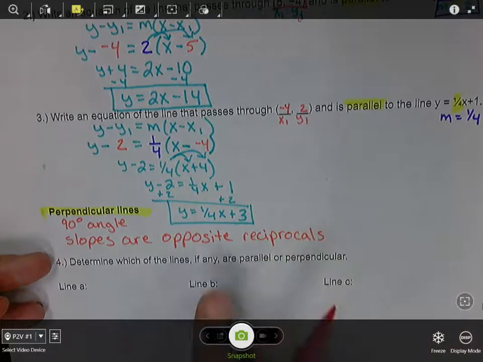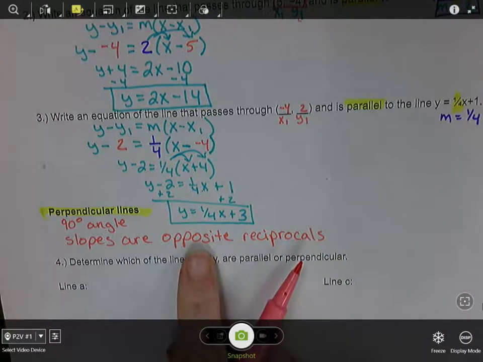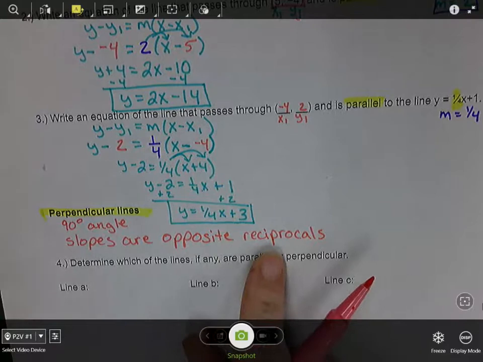Okay. Opposite means they have a different sign, means one's positive and one's negative, and reciprocal means that they're flipped. For instance, if one is 2/3, the other one's 3/2. If one of them is 1/4, then the perpendicular line would be 4/1 or just 4.